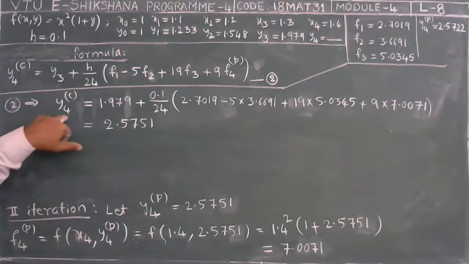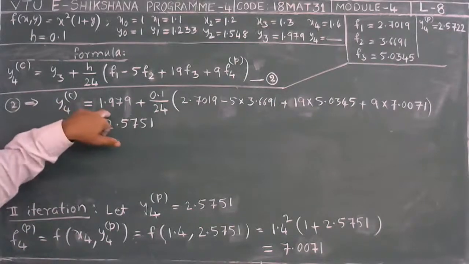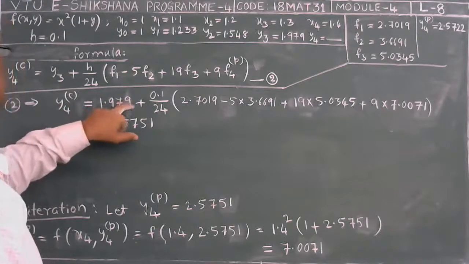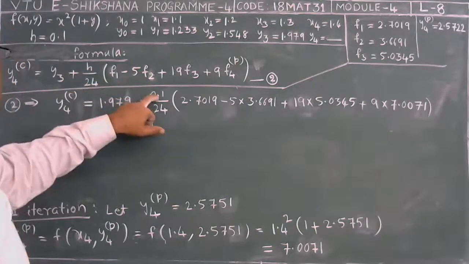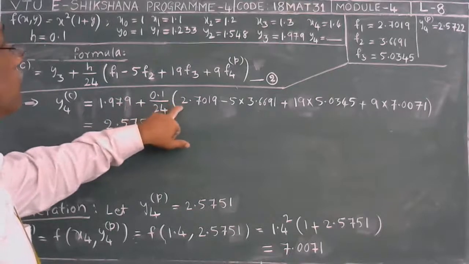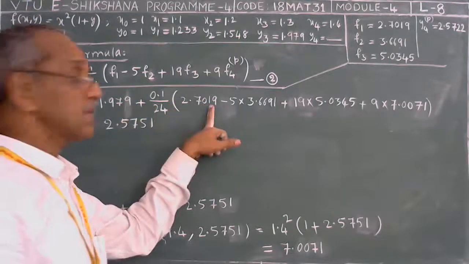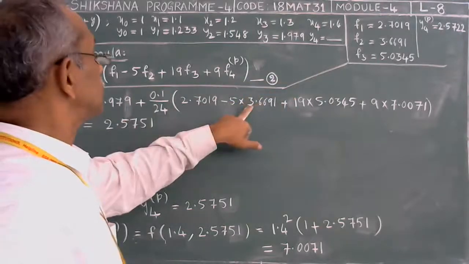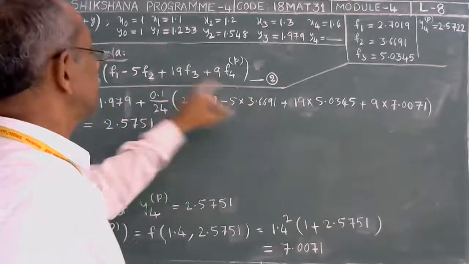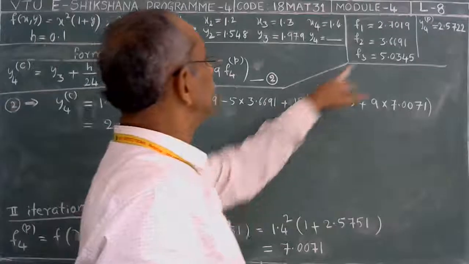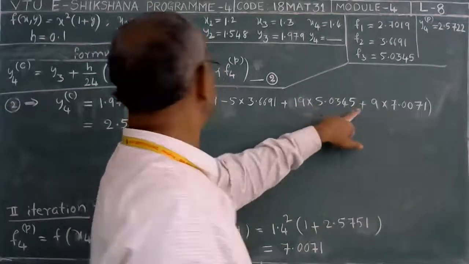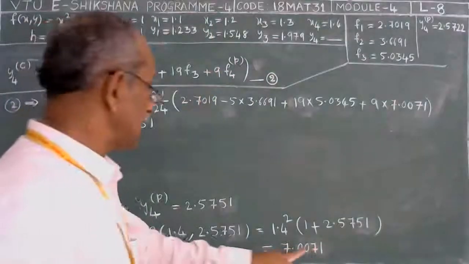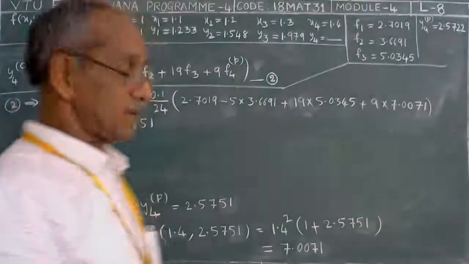So equation 2 implies y4c is equal to y3, 1.979979, plus h, which is 0.1, divided by 24 times f1, 2.7019, minus 5 into f2, 3.6691, plus 19 into f3, 5.0345, plus 9 into f4p, where f4p is 7.007.